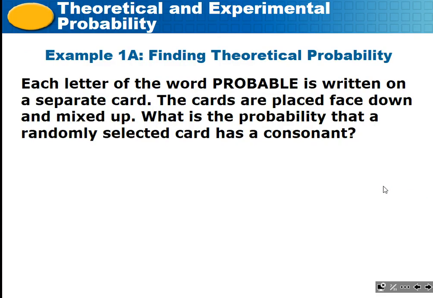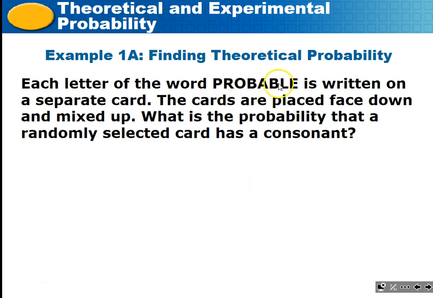Here, each letter of the word probable is written on a separate card. The cards are placed face down and mixed up. What is the probability that a randomly selected card has a consonant? First of all, we have to count the number of cards: 1, 2, 3, 4, 5, 6, 7, 8. There are 8 letters. How many of those letters are consonants?